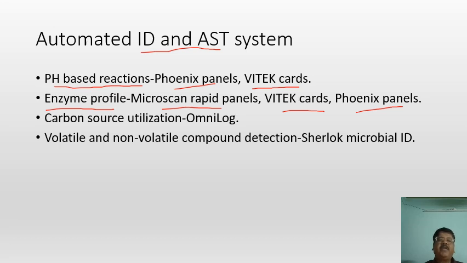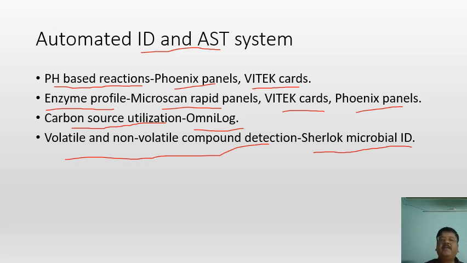Then carbon source utilization, where that principle is utilized in OmniLog. Then volatile and non-volatile compound detection is done by the Sherlock Microbial ID system. So there is competition between these manufacturing companies to provide different mechanisms for ID and AST.